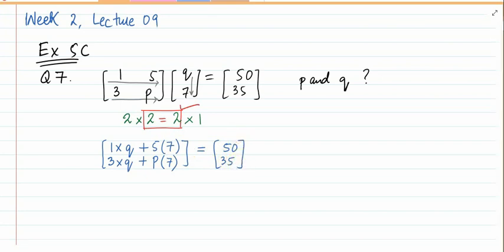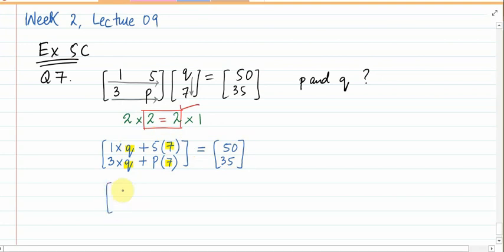Right? I had told you as well that in order to check the question, these two values must be equal. After further solving it, 1 times Q, 7 fives are 35, 3 times Q, 3Q, 7 times P, 7P is equal to 50 and 35, right?